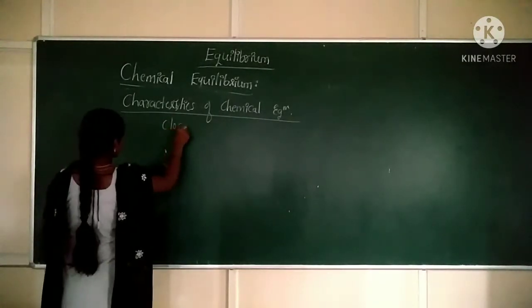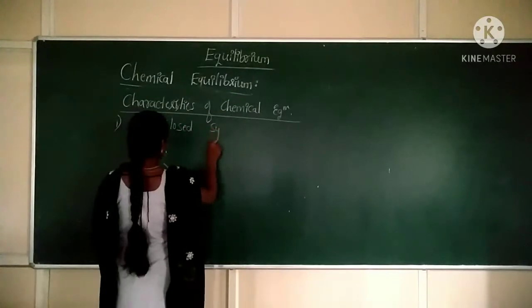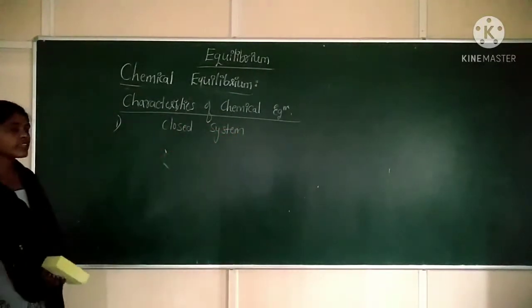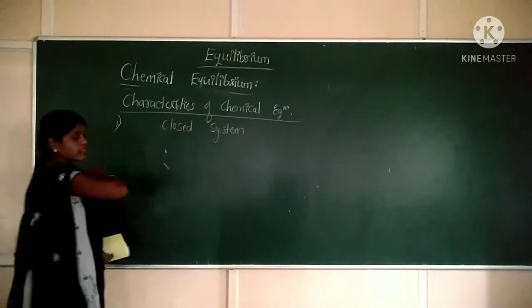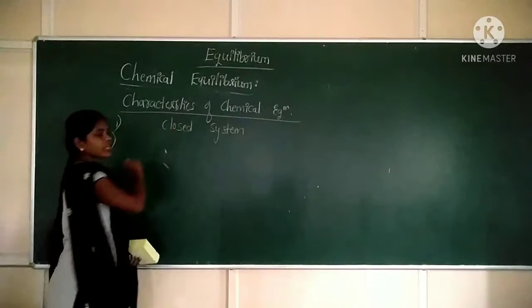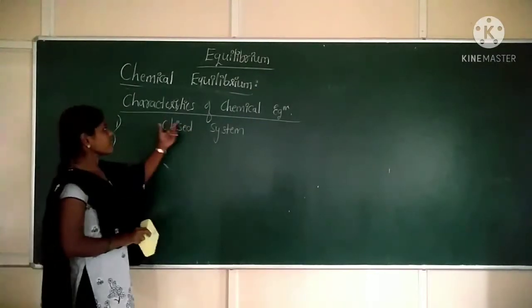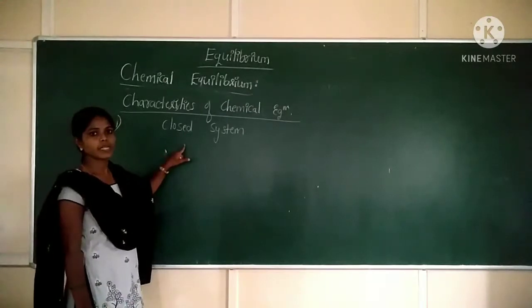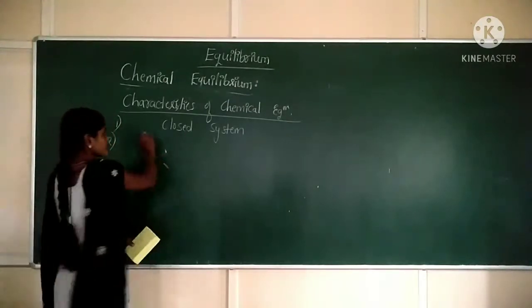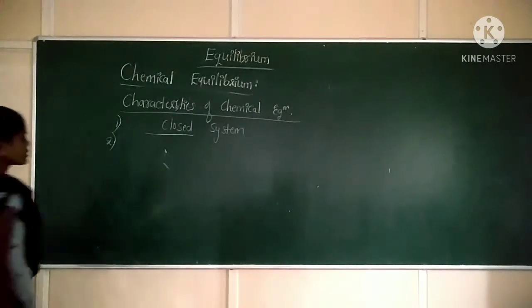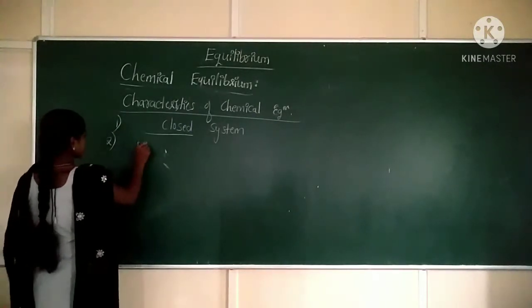Closed system. So this characteristic is the same even for physical equilibrium. So what is the first characteristic of chemical equilibrium? Equilibrium is established in which system? Closed system. Correct.